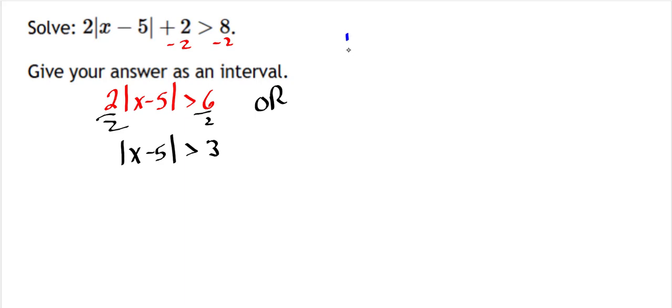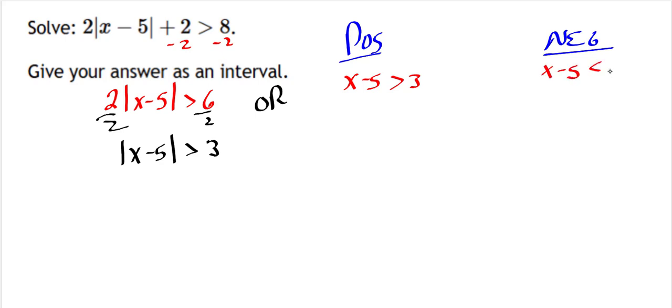So we're going to have a positive and we're going to have a negative, okay? For an OR compound inequality, it only has to work in one of them for it to be a solution, okay? So it's this one or that one, and it'll explain more when we get to the graphs, okay? So x minus 5 greater than 3, x minus 5 less than negative 3.